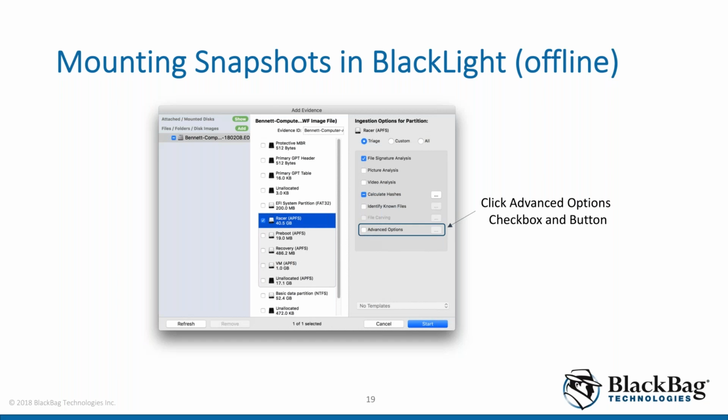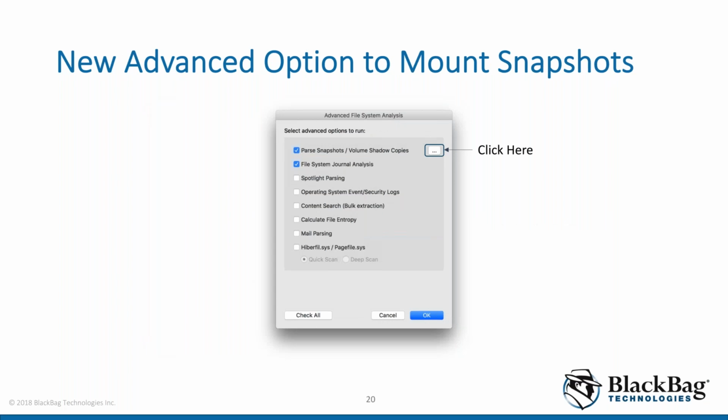If you'd like to process the snapshots, you click on advanced options and click the little button next to it. You'll be presented with this window where you can select the options. You can select Parse Snapshots, and that'll automatically parse all of them. But if you want to see and parse specific snapshots, just click on the little button next to it.